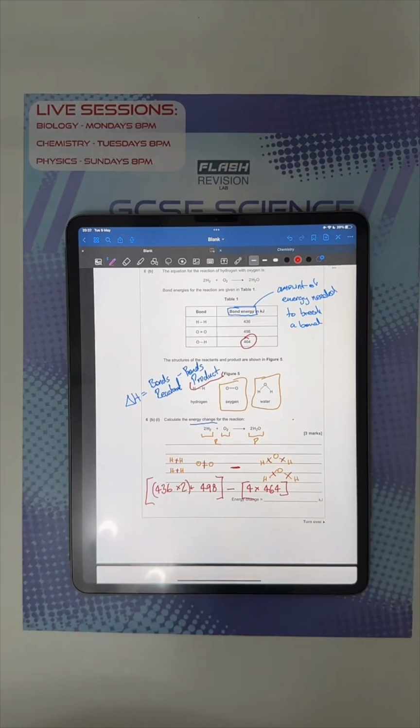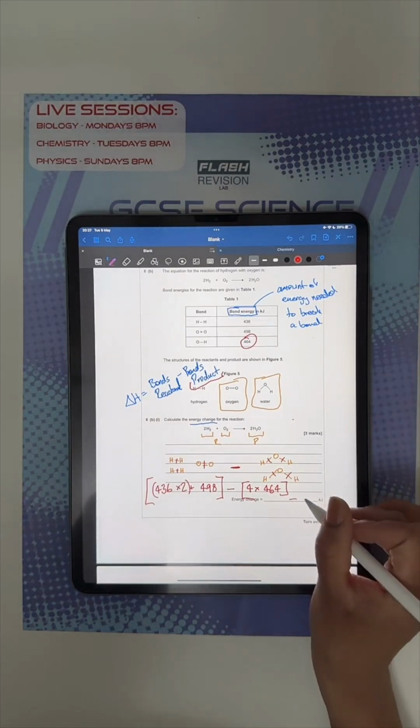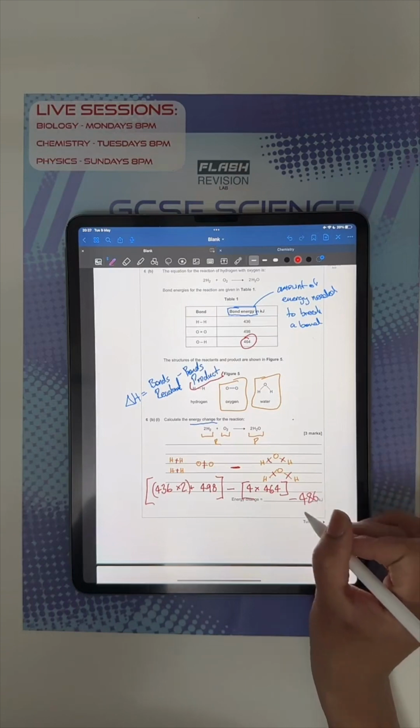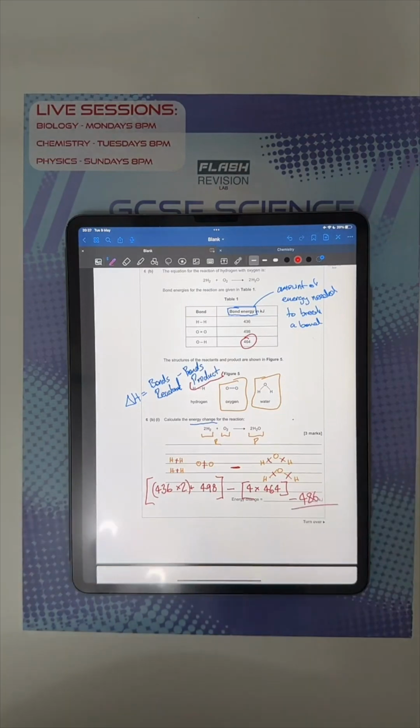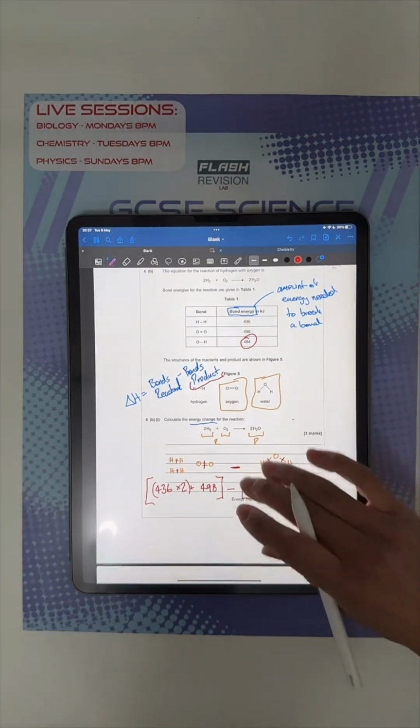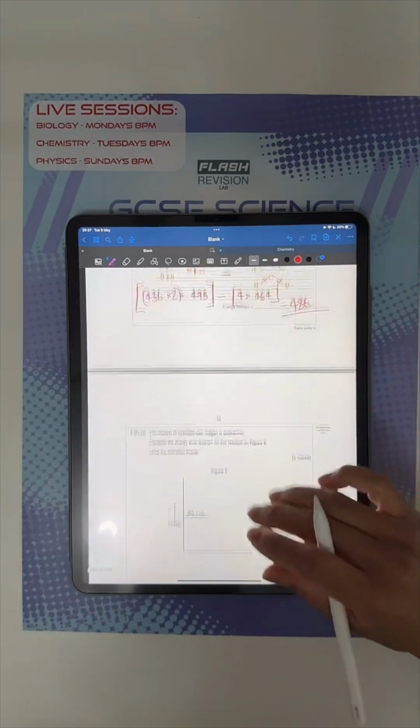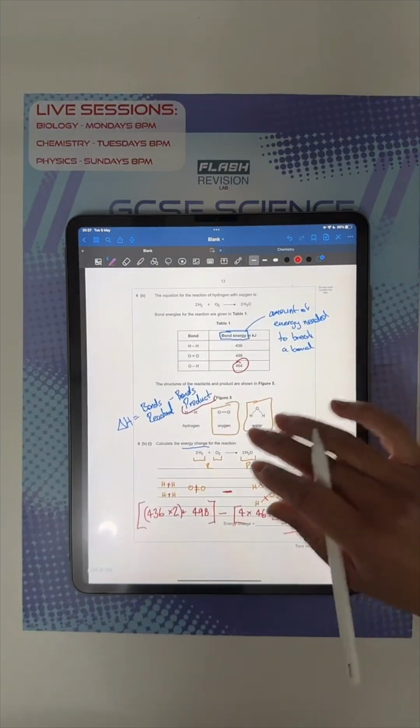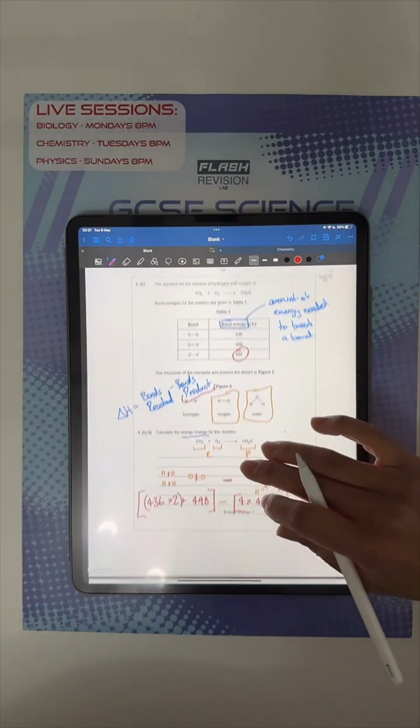Oh, I think it is actually. Yeah, it is minus 486, sorry. Minus 486, well done. Excellent. All right, moving on. Let me know if you've got any questions about this one.